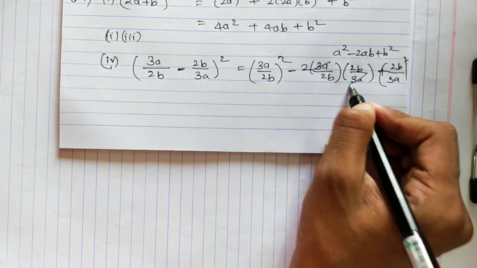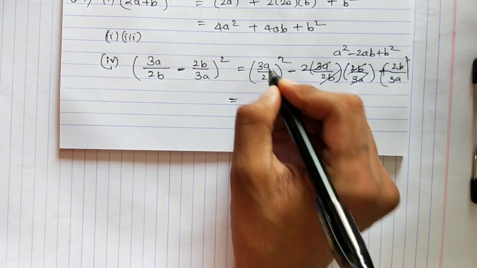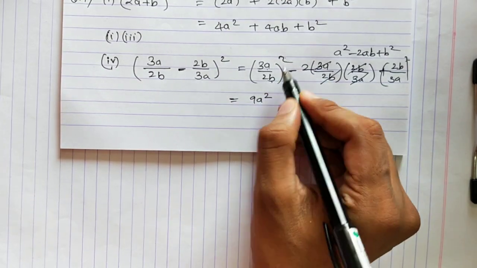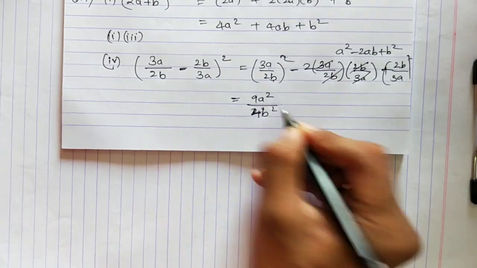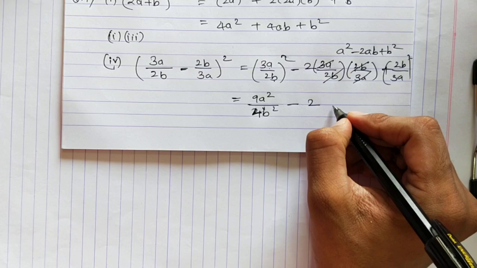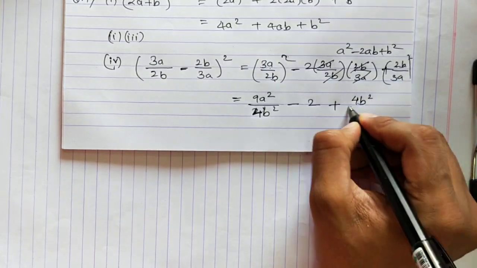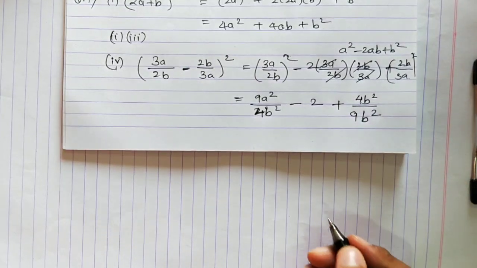Okay, this 3a will get cancelled, 2b will get cancelled. Here 3a square is 9a square, 2b the whole square is 4b square, minus 2 plus 2b the whole square is 4b square, 3a the whole square is 9b square.